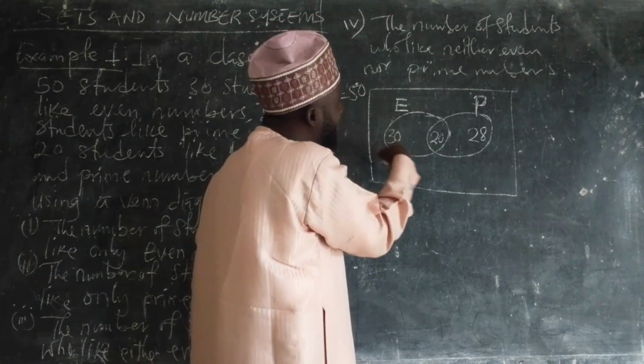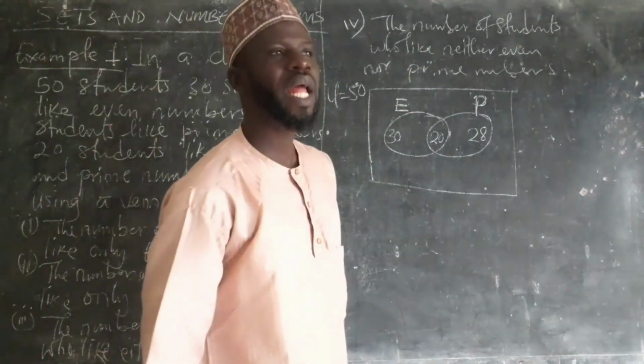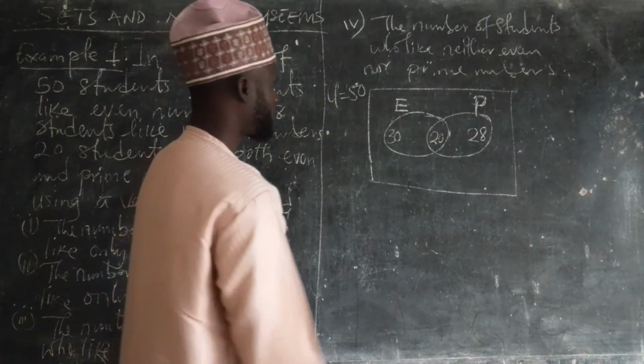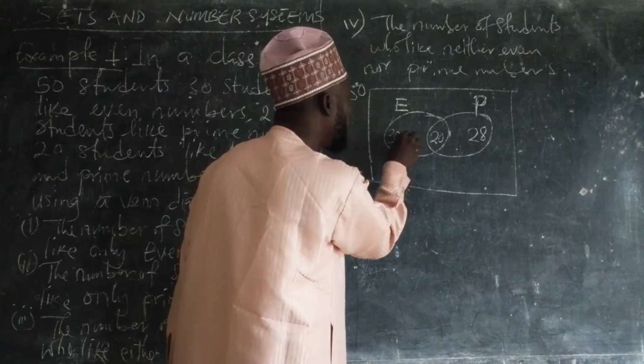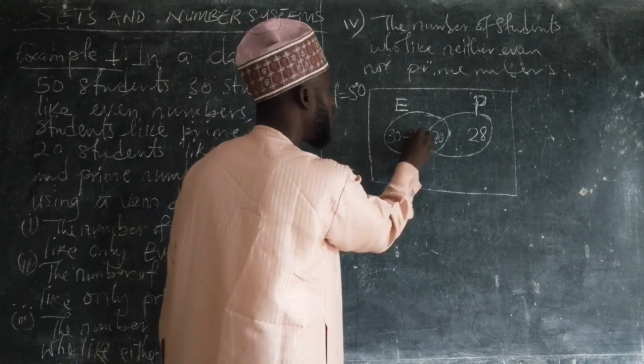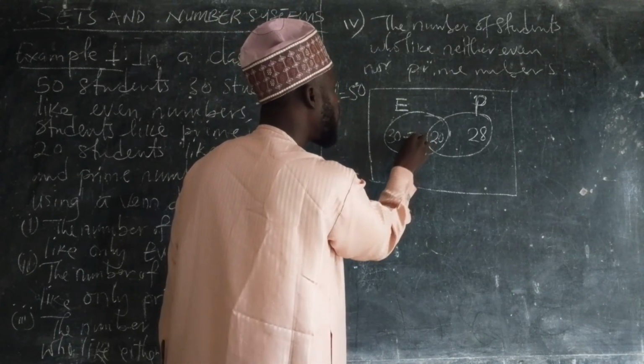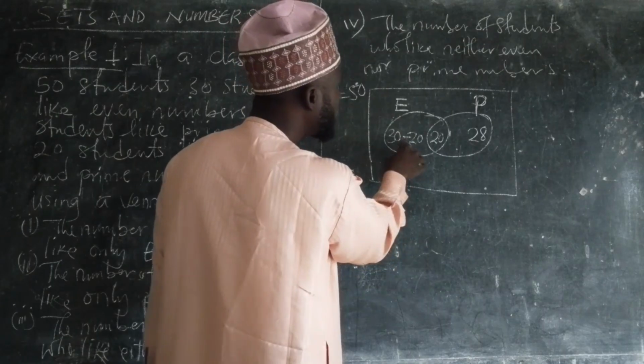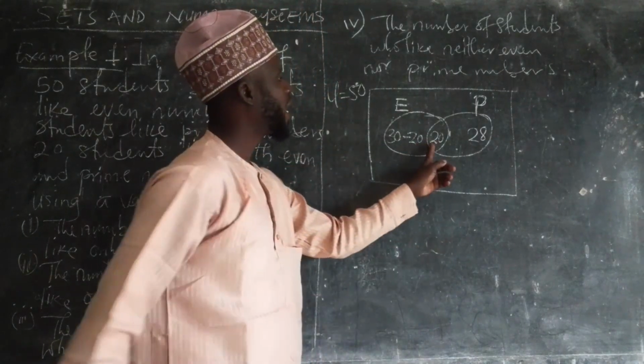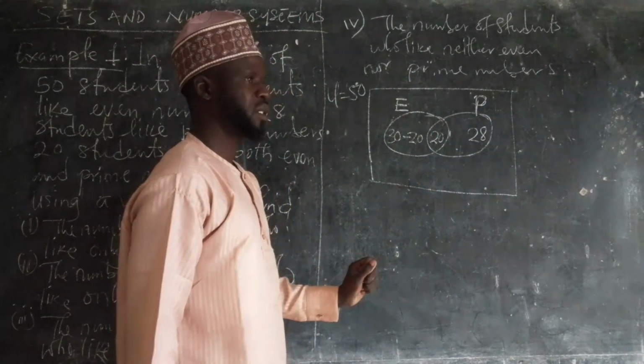So to get the exact number of students who like only even numbers, it should be 30 minus 20, because I have to remove those 20 that like prime numbers.